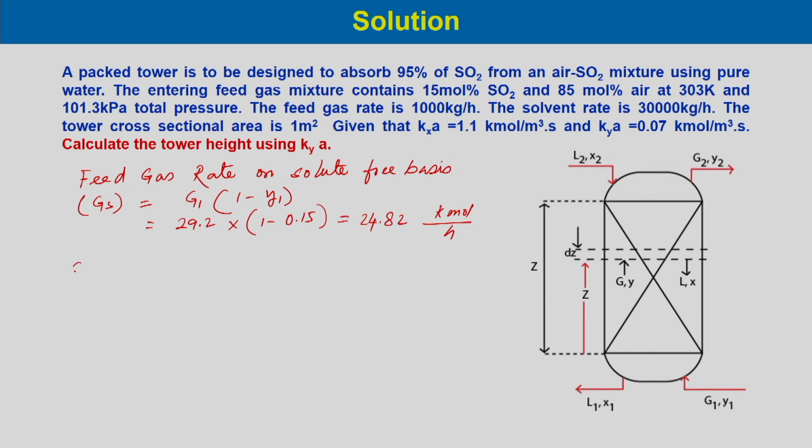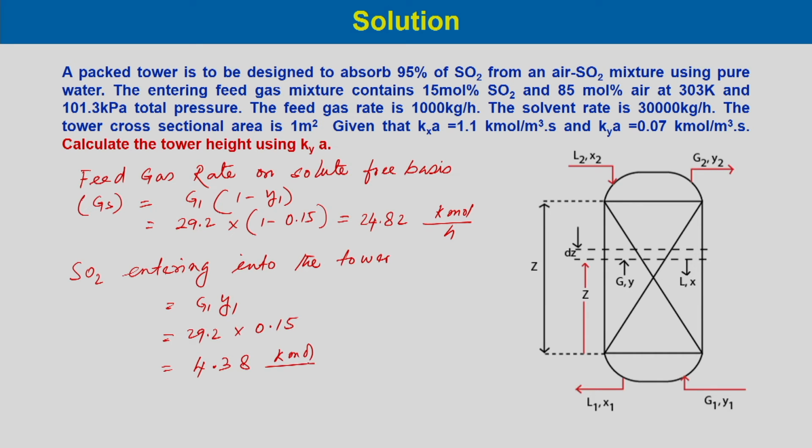Now, the SO2 which is entering into the tower is equal to G1 y1. Substituting the values, G1 is 29.2 and y1 is 0.15, so it is 4.38 kilomole per hour.